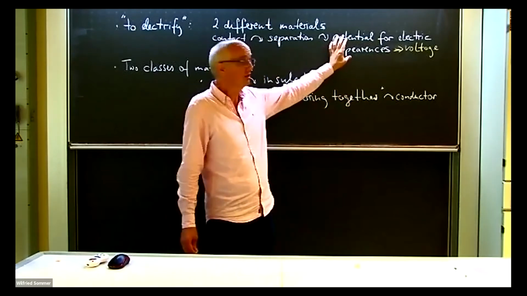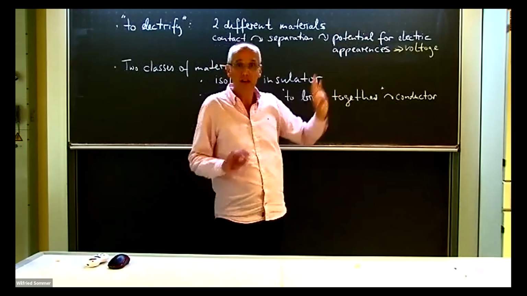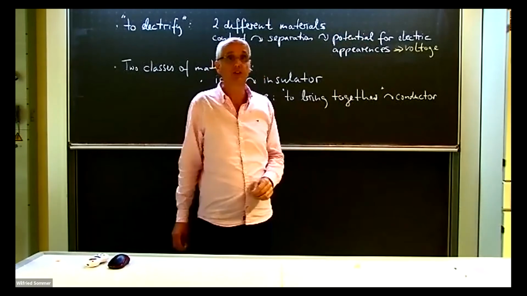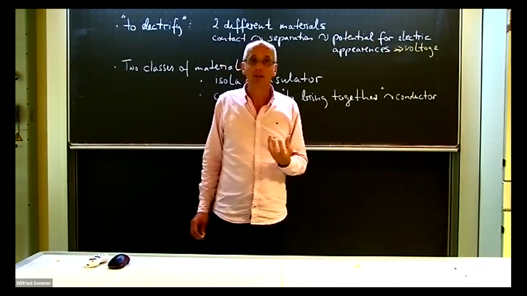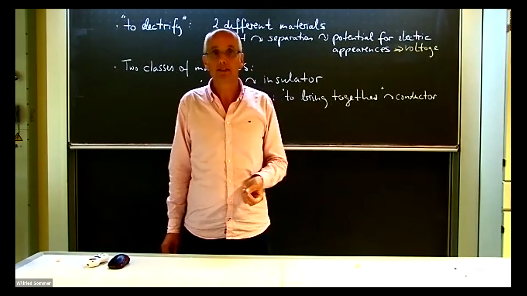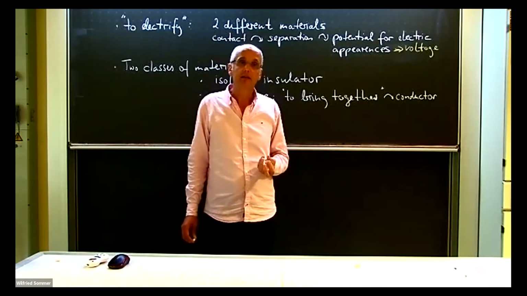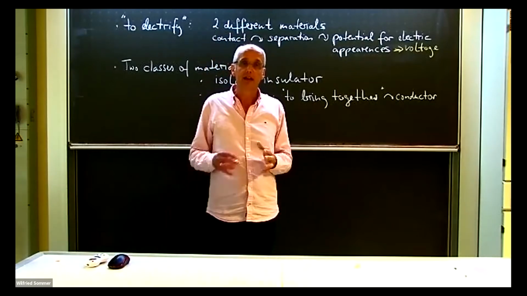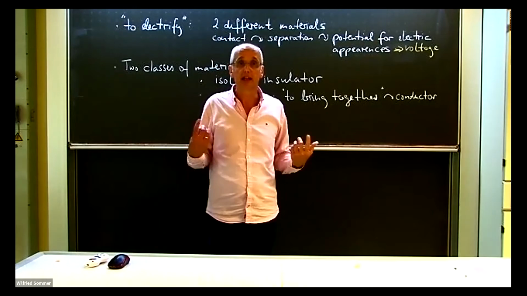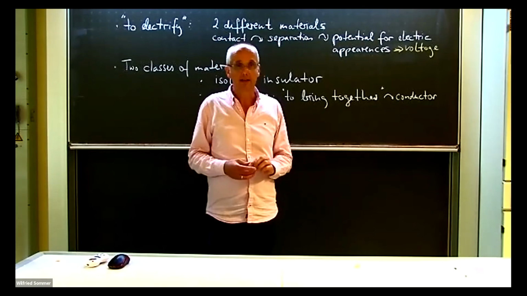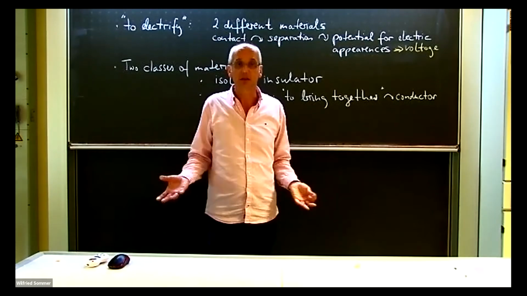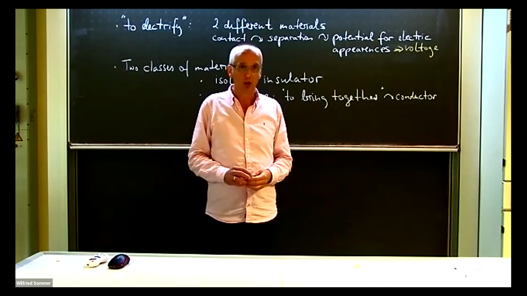So the potential is a real potential for very different appearances. And then you have two classes of materials, electric islands and materials bringing together the whole electrification over the whole plate.